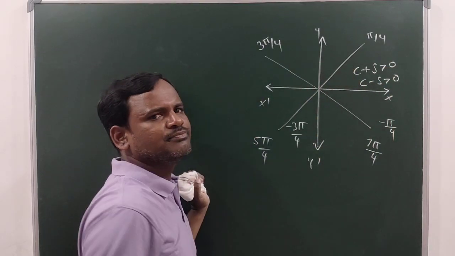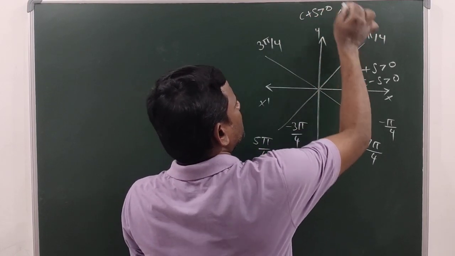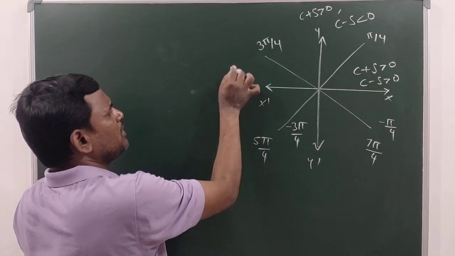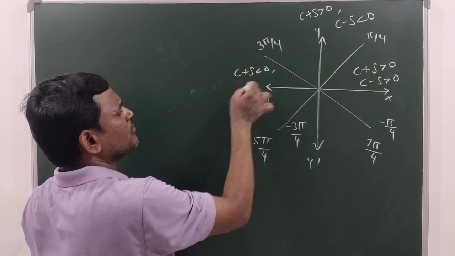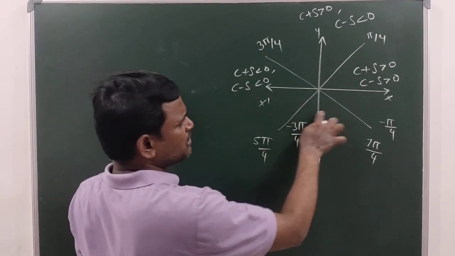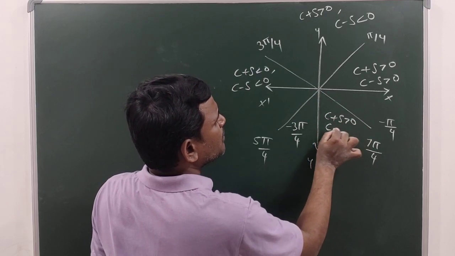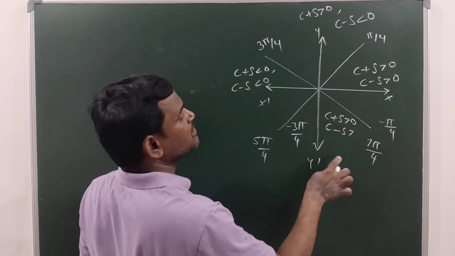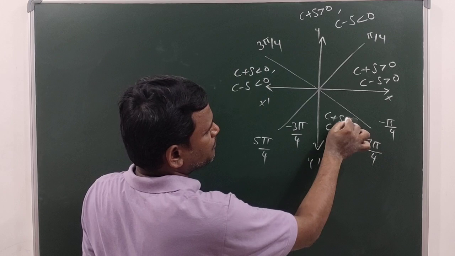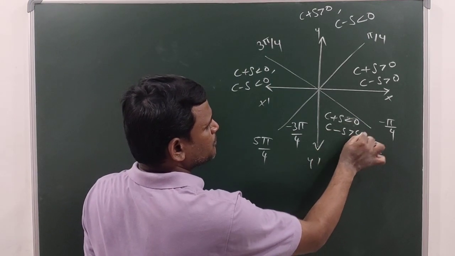In this interval, C plus S positive, C minus S negative. Come to this interval, C plus S negative, C minus S negative. Come to this interval, C plus S, you have drawn the C plus S diagram, is negative, and C minus S is positive.